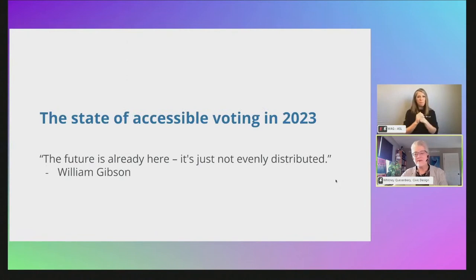So that leads to one of my favorite quotes, which is, "The future is already here. It's just unevenly distributed." But I think that we're seeing some accelerations in reducing the turnout gaps and in improving the accessibility of all the things around elections in a way that's kind of exciting. And that's my one-liner on the state of accessible voting in 2023.